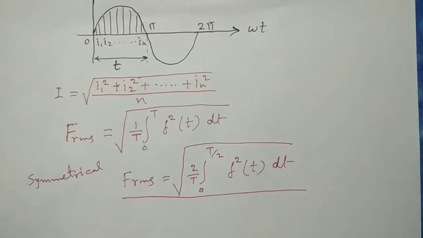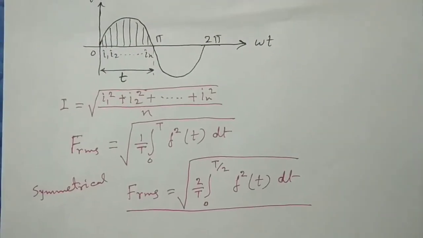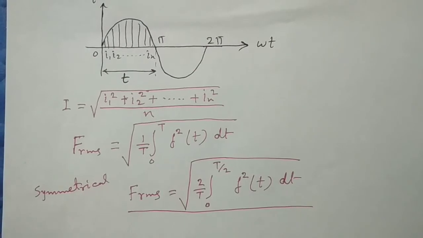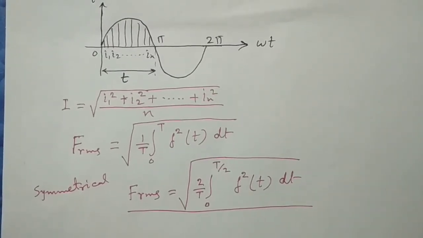So this is the concept to find the RMS value of an alternating quantity. In general, if we consider a symmetrical sinusoidal waveform, then the RMS value can also be considered in this way.